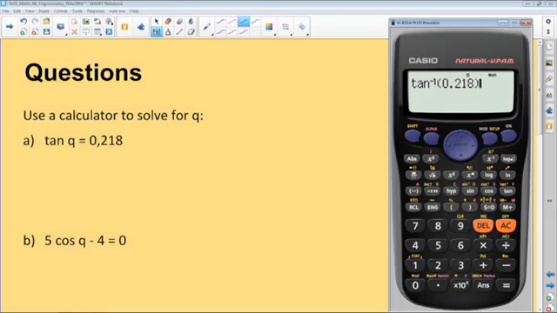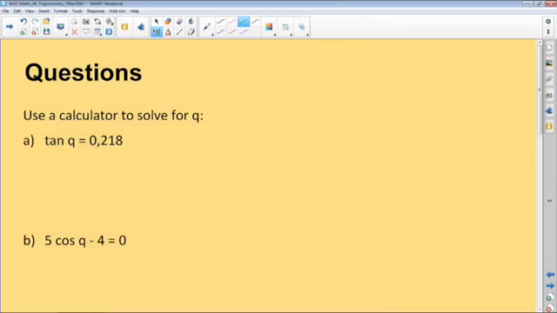And that means Q is equal to 12,298. I'm going to round it off to 12,30. So I just write over here, Q is equal to 12,30, and then of course it's degrees.